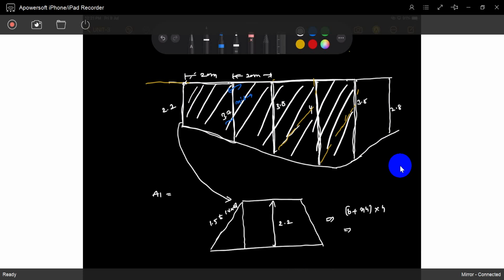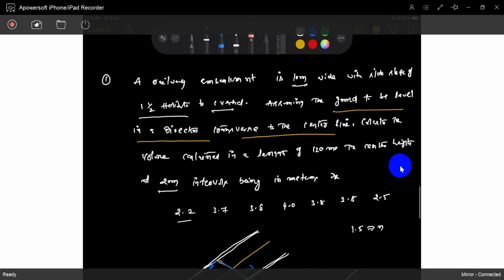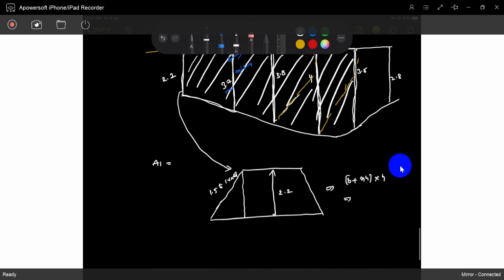B is 10 meters wide. So the area is (10 plus 1.5 times 2.2) multiplied by 2.2, which is 29.26 square meters.